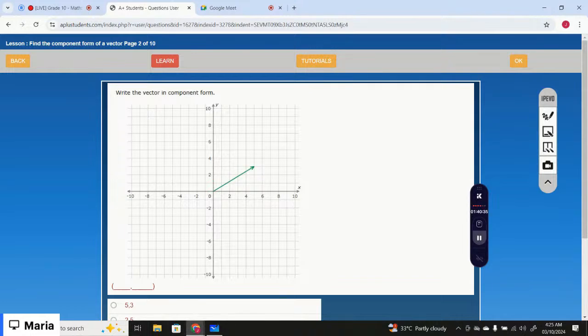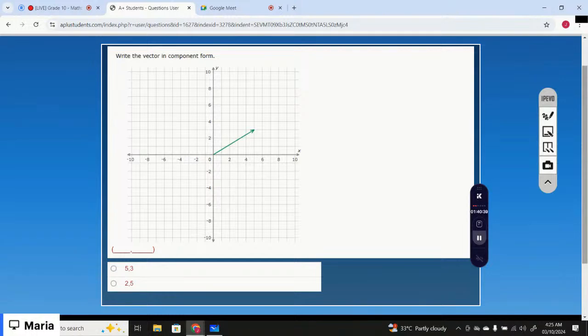Write the vector in component form. So which is the correct option? Which option is the correct one?